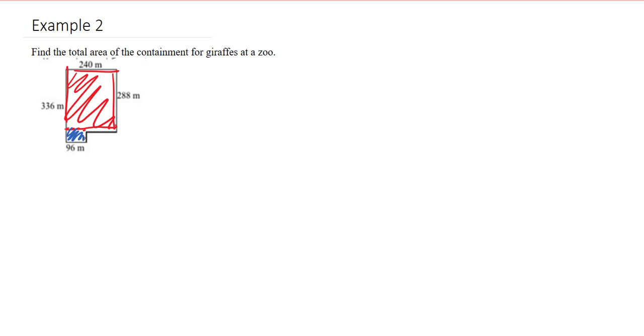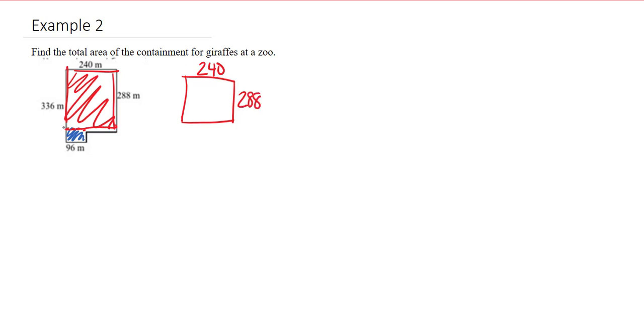But let's solve for these two parts, and then we'll add them together to find the total area. So the bigger rectangle is going to be these dimensions.